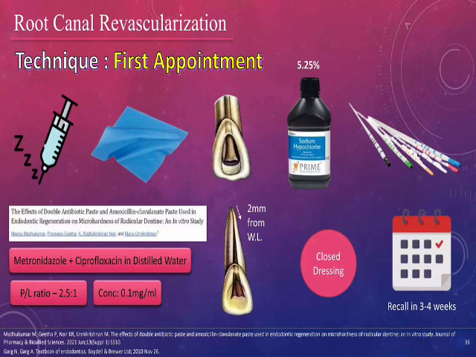Then using paper points the canal is dried, the working length should be 2 mm above the foramen, and you can have a triple antibiotic paste as an intracanal medicament, and then a closed dressing is given.